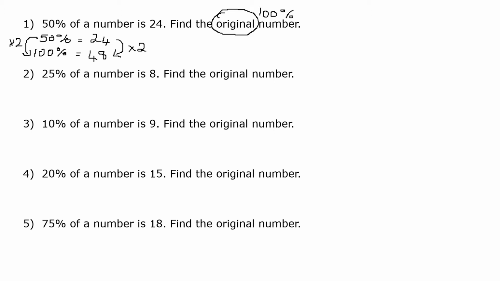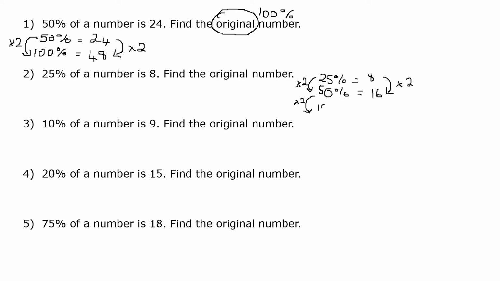So let's have a look at my next one. So 25% of a number is 8. Find the original number. So I know that I need to get to 100%. So let's start off with my 25%, and that's equal to 8. If I double 25%, so if I times it by 2, I'm going to get to 50%, and that will give me 16, because whatever I scale one side up by, I'm going to scale the other side up by as well.